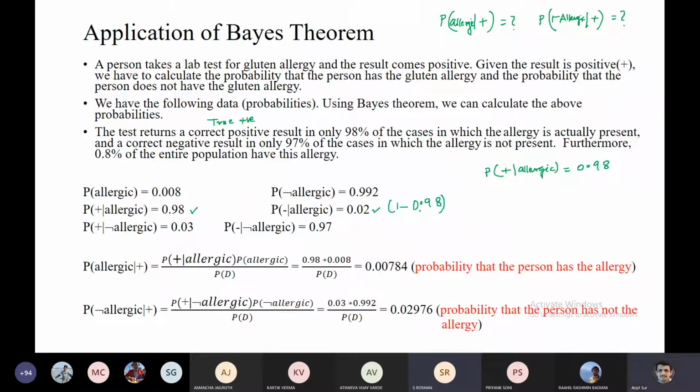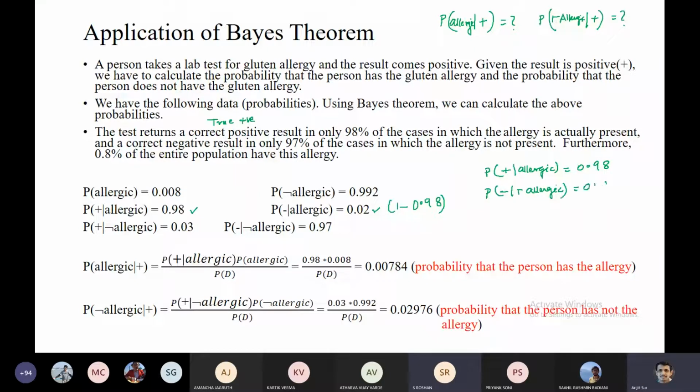And what about the other case? The correct negative result is 97%. So what does correct negative mean? It means the test is negative and the patient is not allergic. So this is 0.97.